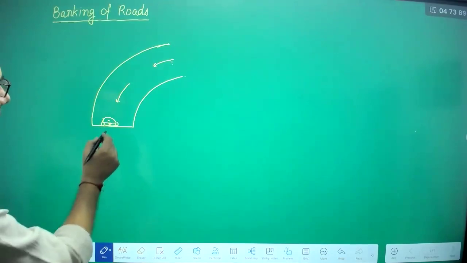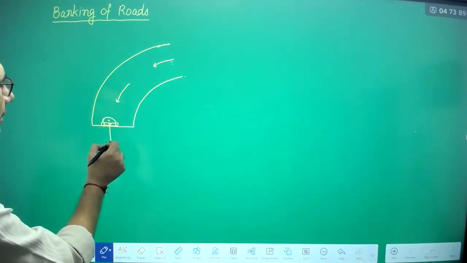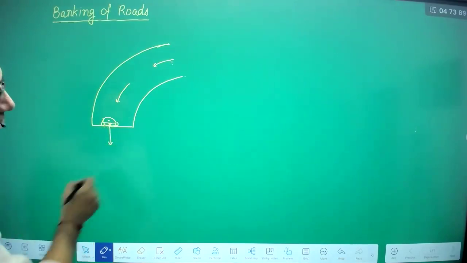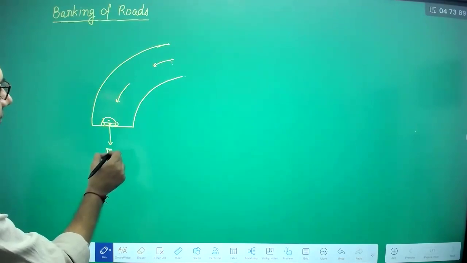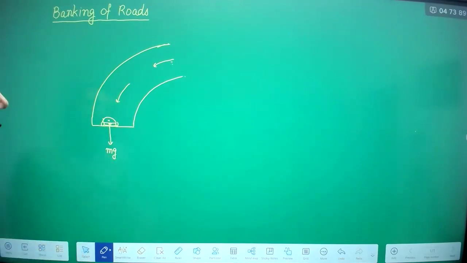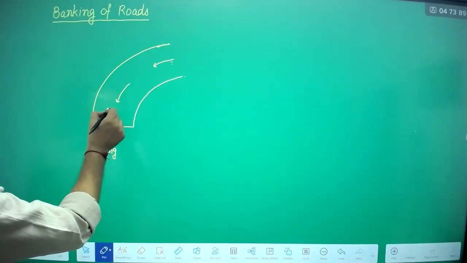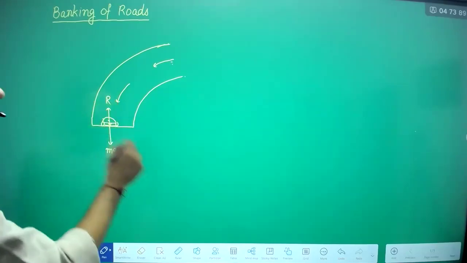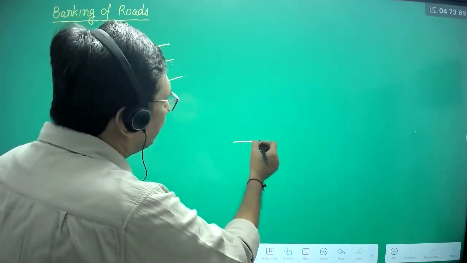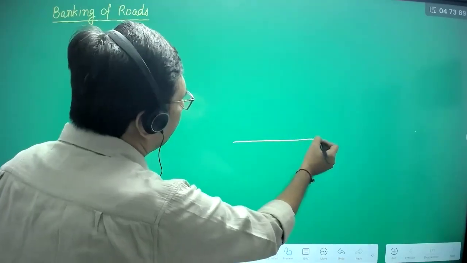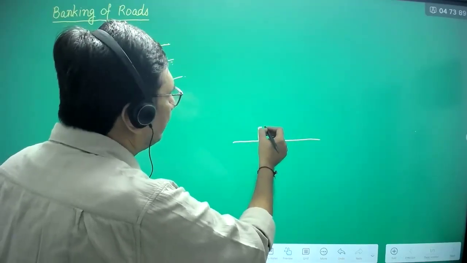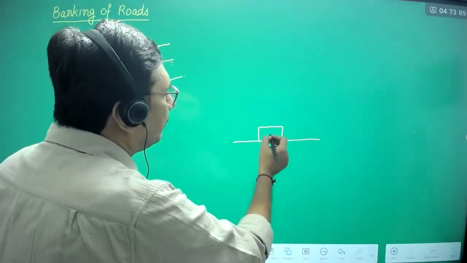If you look at this car, its weight is going to act in the downward direction. This will be mg. Mg is the weight that is acting in the downward direction. And here, Earth is going to apply a normal reaction on it. It is very similar to placing a block over a surface.